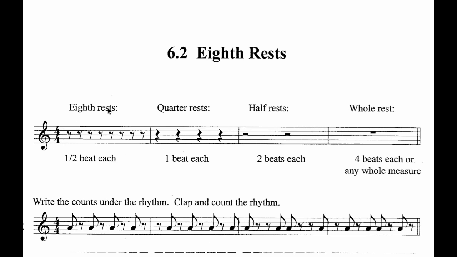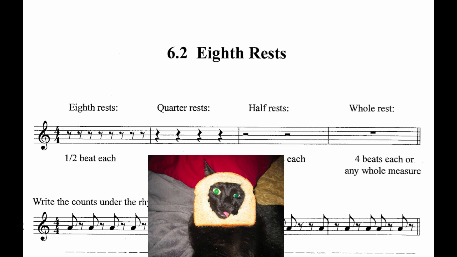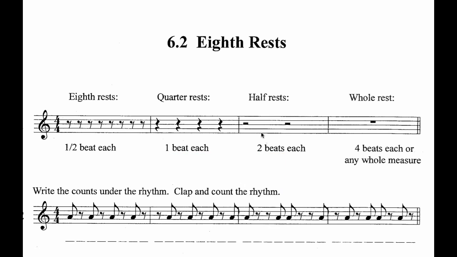Just like eighth notes, quarter notes, half notes, and whole notes, eighth rests get 1/2 of a beat, quarter rests get 1 beat, half rests are 2, and whole rests are 4. For half rests, remember that the top hat is sitting on top of the third line.